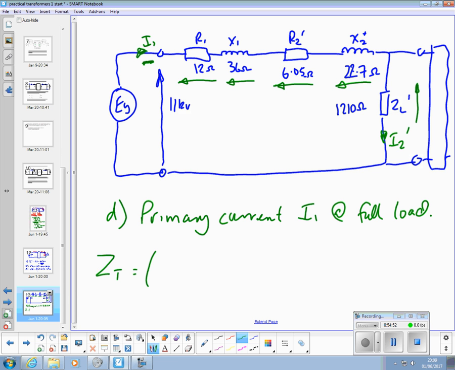If we're going to add them together, what form do we want them in? Rectangular.